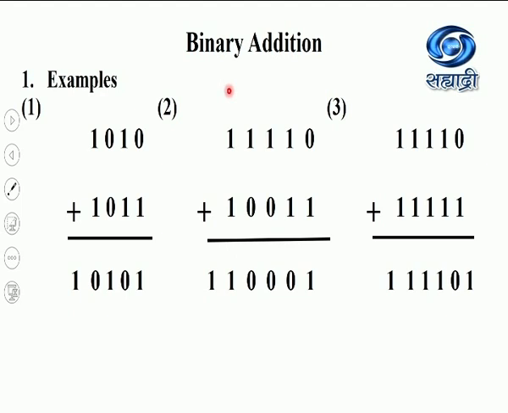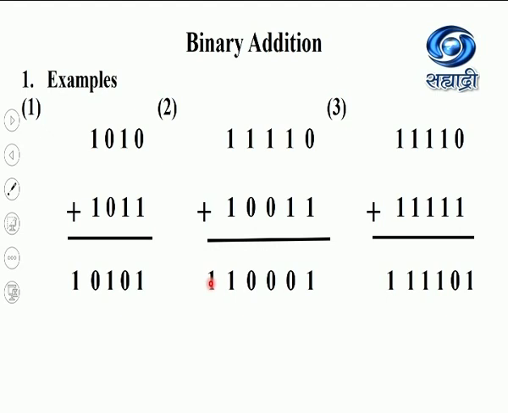So in the last column, that is MSB column, here we have carry 1 plus 1 plus 1, sum is 1 and carry is 1. So in this fashion we are going to add these binary numbers.